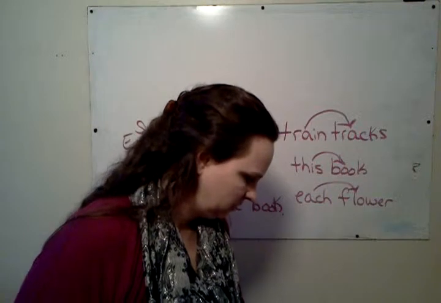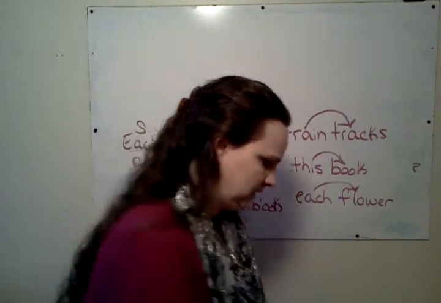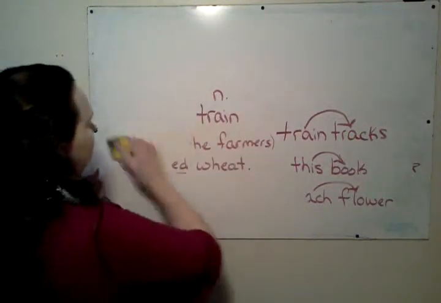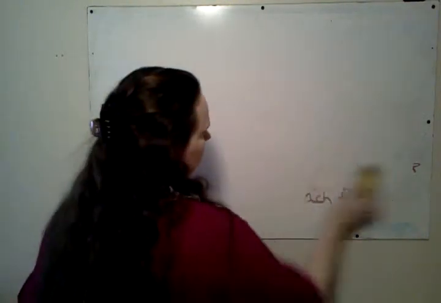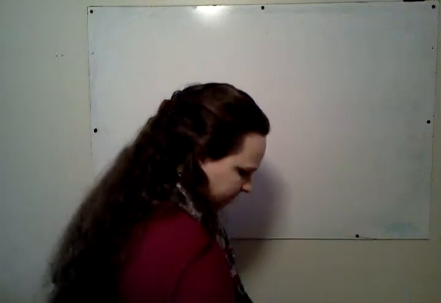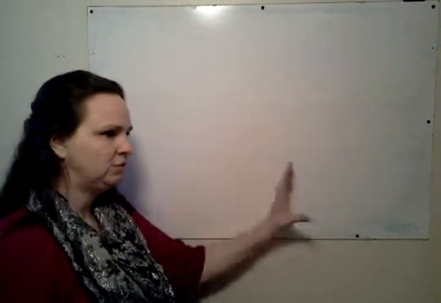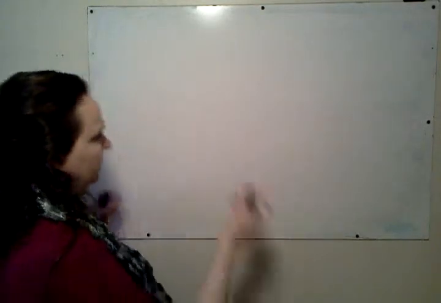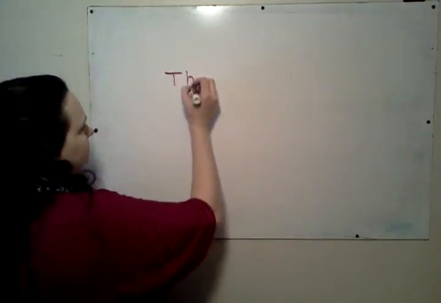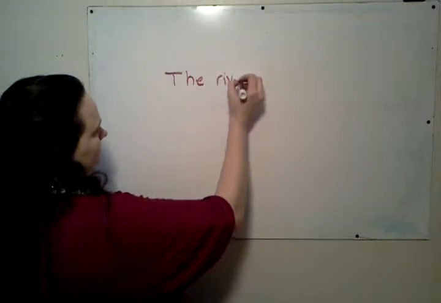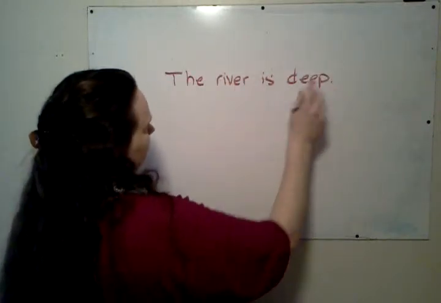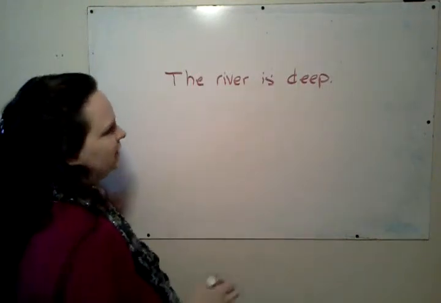And lastly, before the quiz, is recognizing predicate adjectives. And I already mentioned predicate adjectives, so hopefully you understand them. It's just an adjective in the predicate part of the sentence. The river is deep. It's a deep river is what's taking place here.